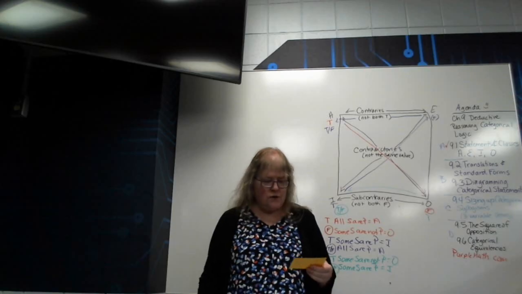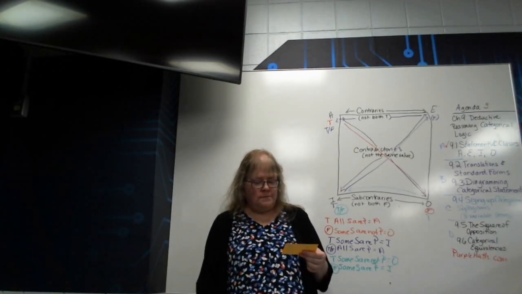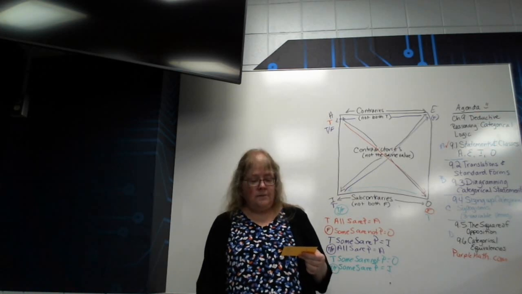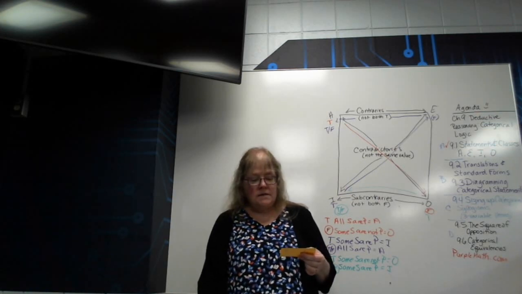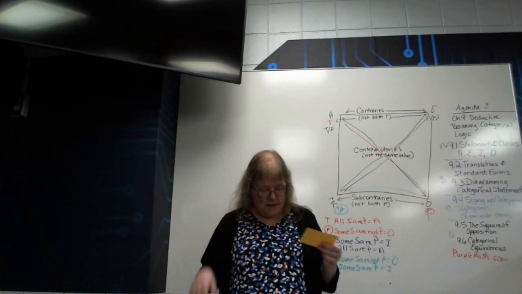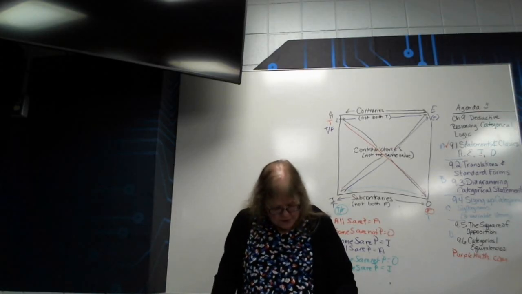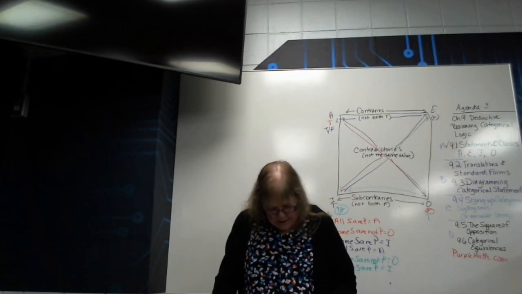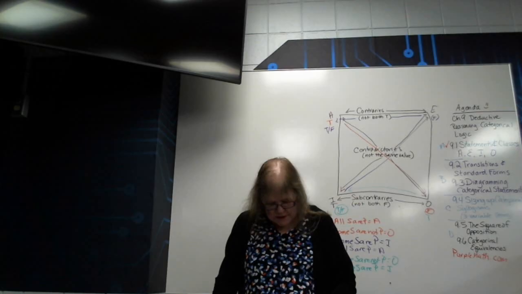Obversion is kind of interesting. You start out with all S are P, and it's the same as no S are non-P. So for obversion, what you're doing is taking the complement of the class.